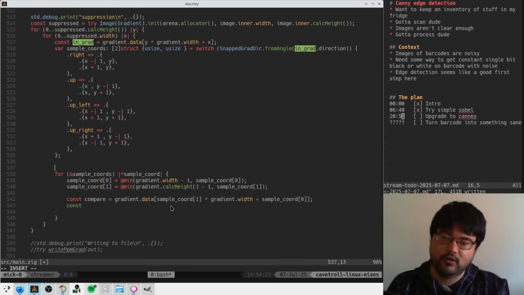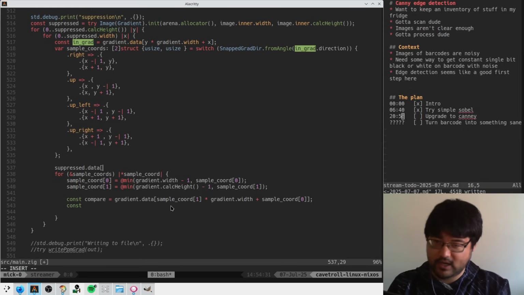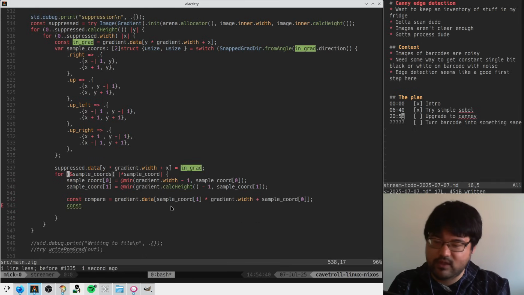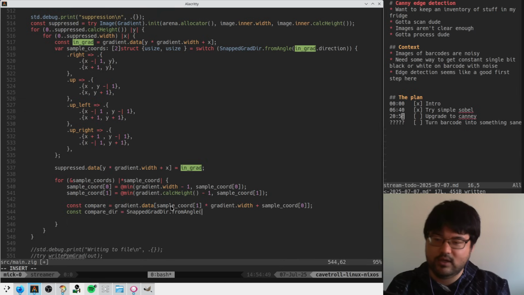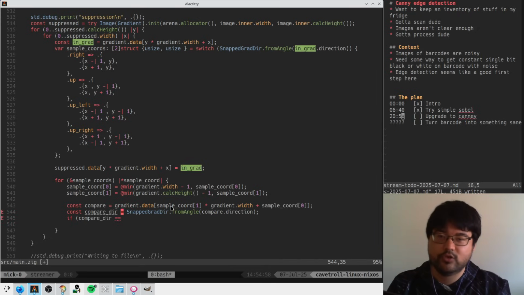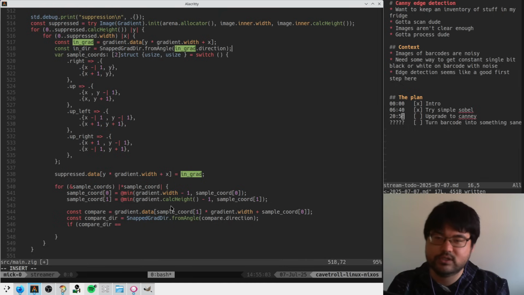So I guess we start by setting the suppressed data at this to just the input value. Then if either of these are larger, if comparator is equal to, I would like to keep this guy around.